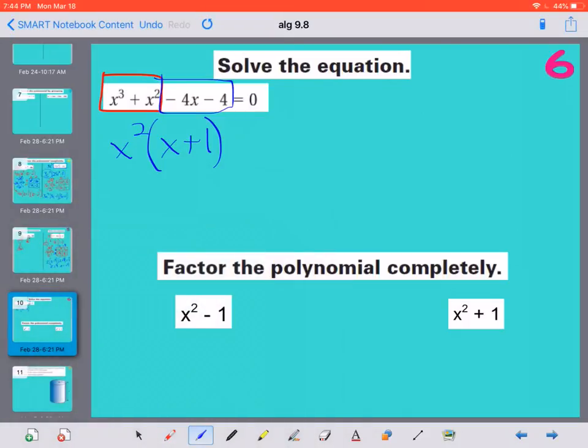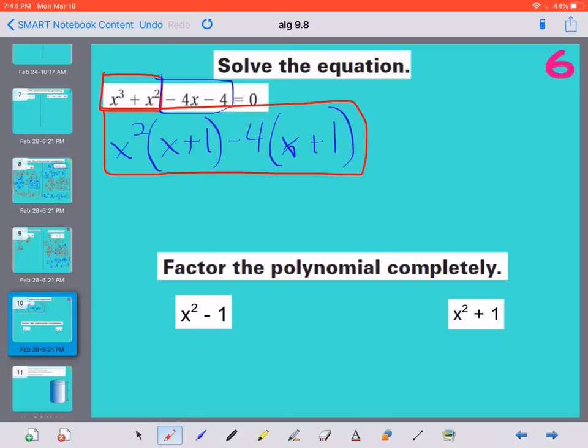Next one, it looks like I can take out a negative 4. And I'm left with x plus 1. So now I forgot to do this earlier, but now what can I take out of both of these groups themselves?